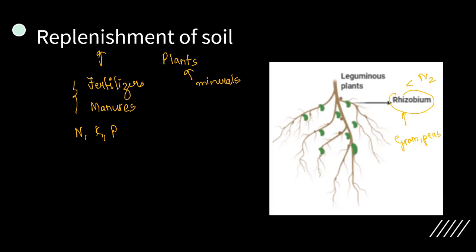Okay, and in return, the plant is going to provide the food and shelter to this. So they are also in a symbiotic relationship. This association of rhizobium and the leguminous plants really helps in the nutrient replenishment of the soil, right? So that the fertilizers are used in lesser amount.